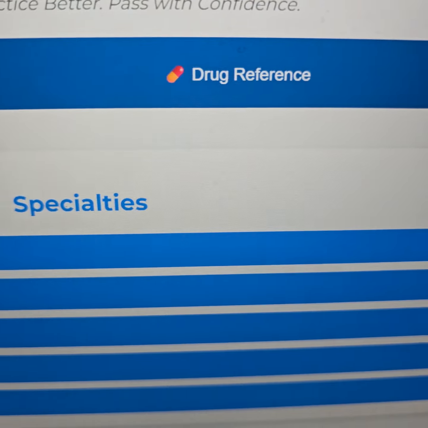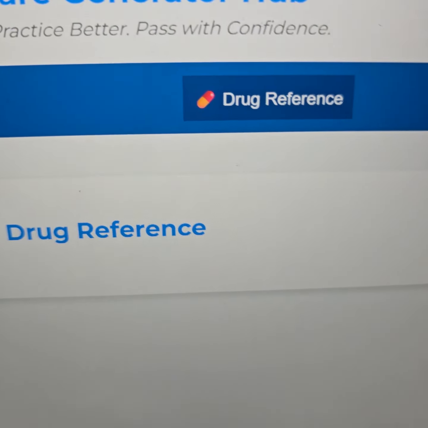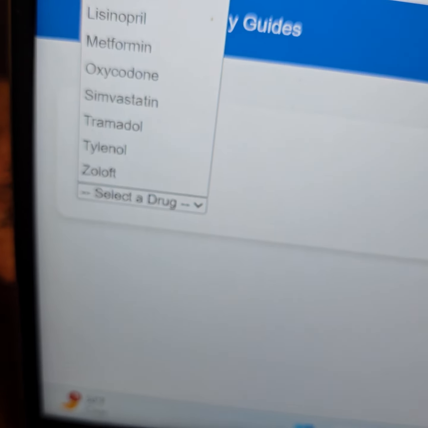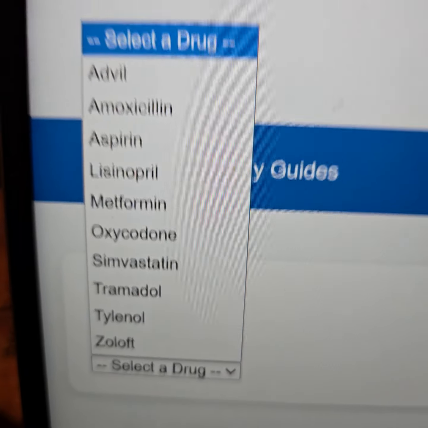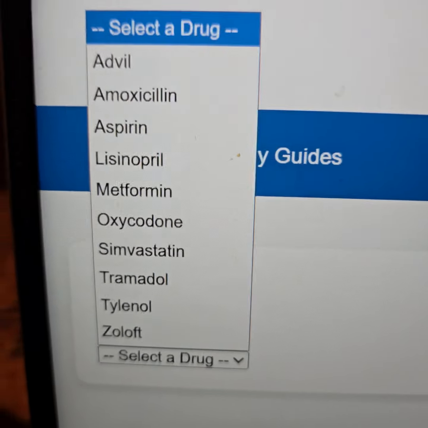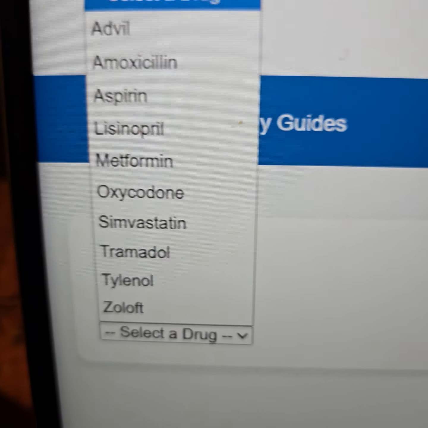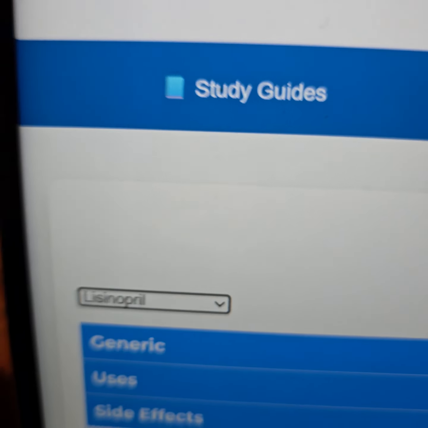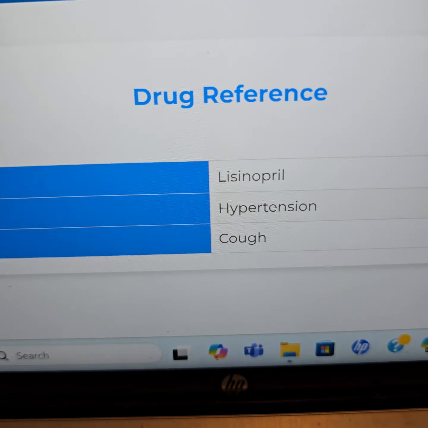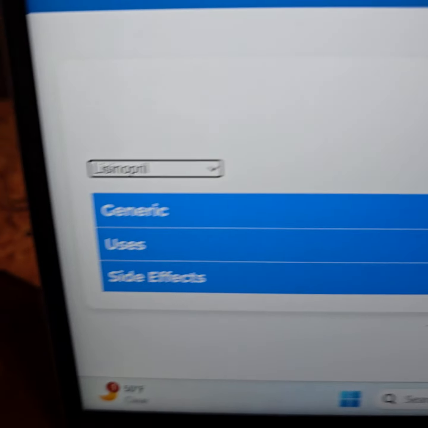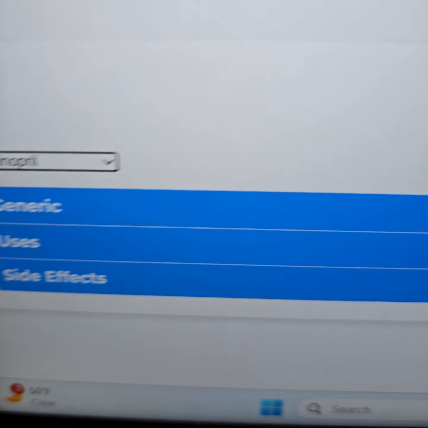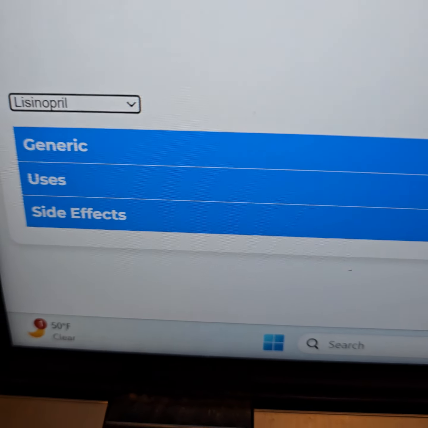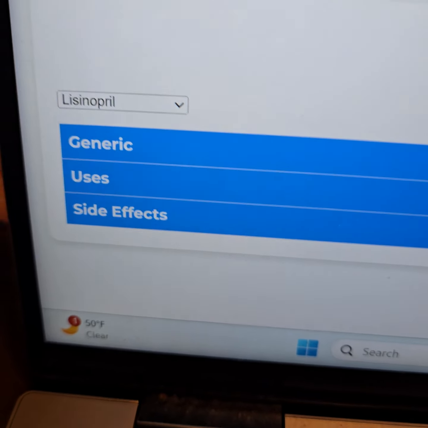Now come over here, you have the drug reference button, and this is like pharmacology. You have a drop down, and these are basically 10 medications that you prescribe on a daily basis. Say you click on lisinopril, it's going to give you the generic name, the uses, and then the side effects.